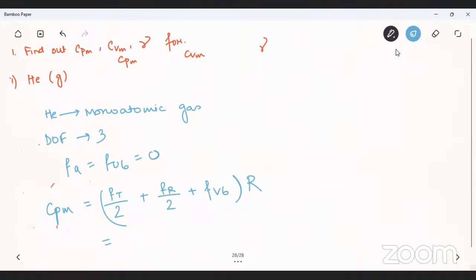Now tell me, what is this FT? FT is 3. 3 by 2. What is FR? 0.